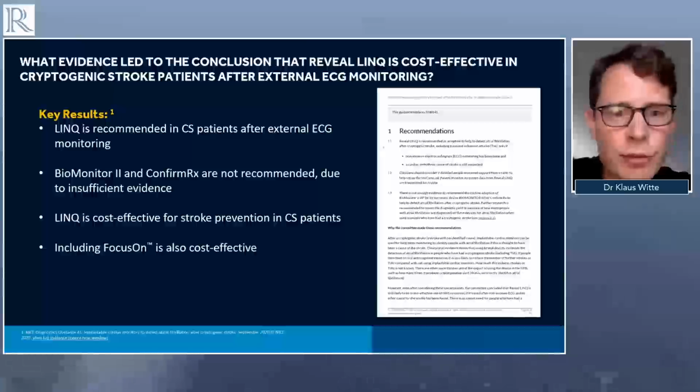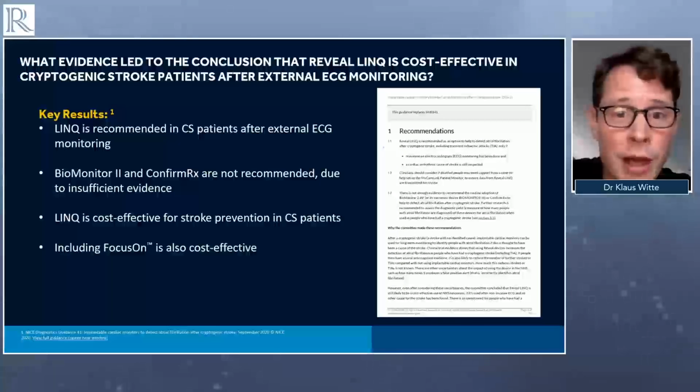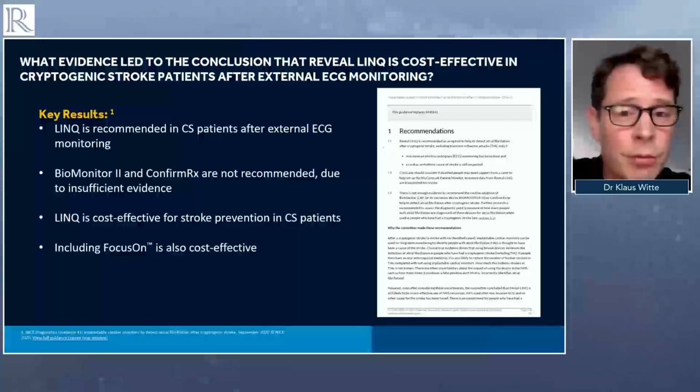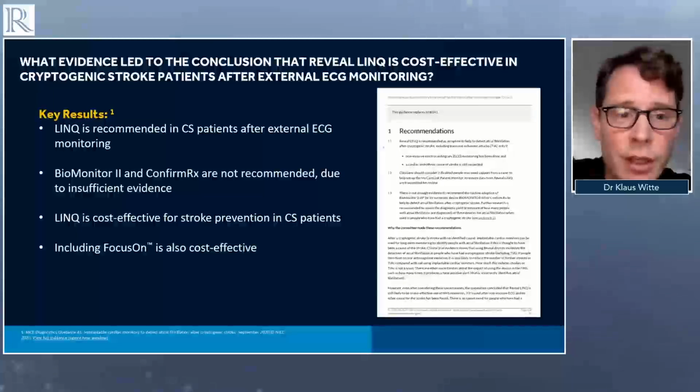So the key results of the assessment are, as you will suspect, hinted at by Matt and myself previously. LINQ is absolutely recommended based on the NICE assessment in patients who have had a cryptogenic stroke. I was involved in the discussions, and they did attempt to explore the utility of other offerings.